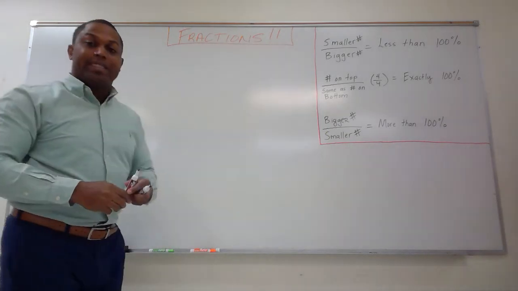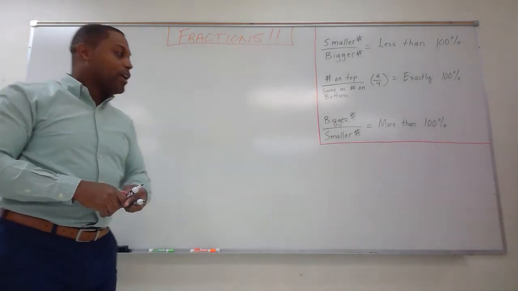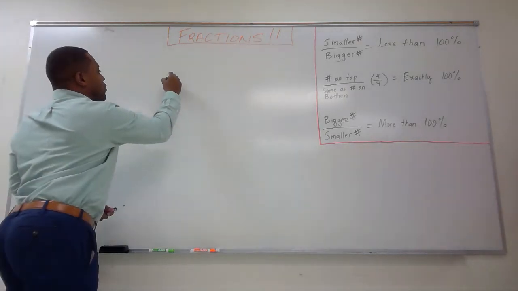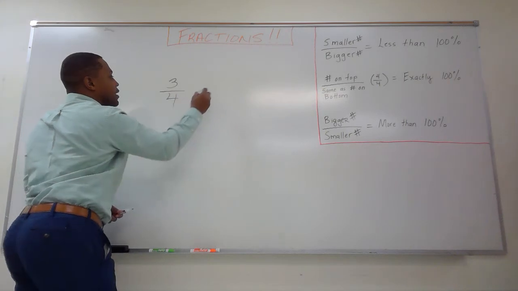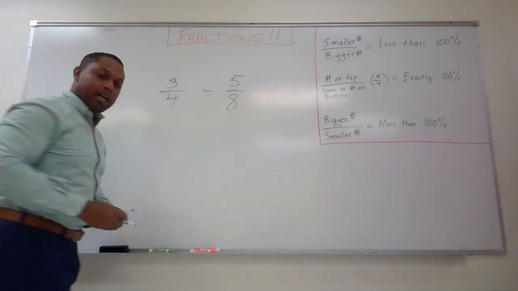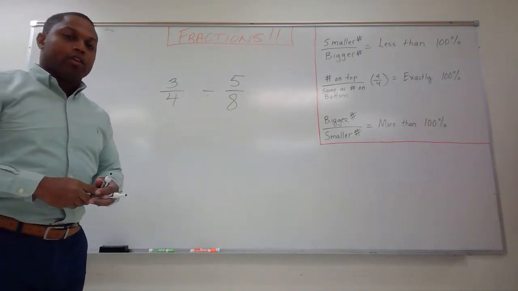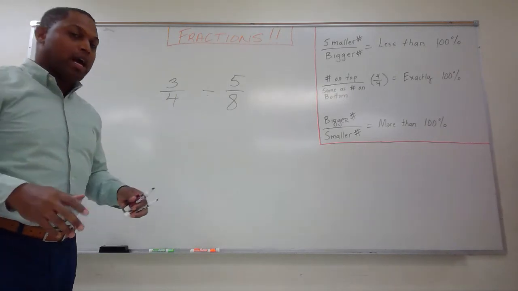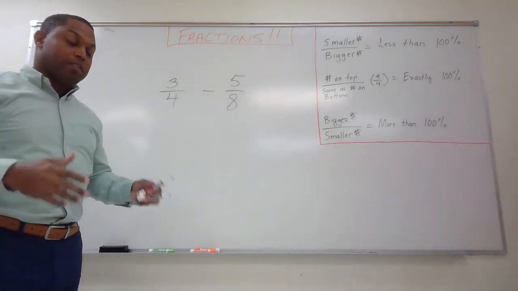All right, now on to dividing fractions. Let's say we had 3 over 4 divided by 5 over 8 this time. What we are going to do is called multiplying by the reciprocal of the divisor.